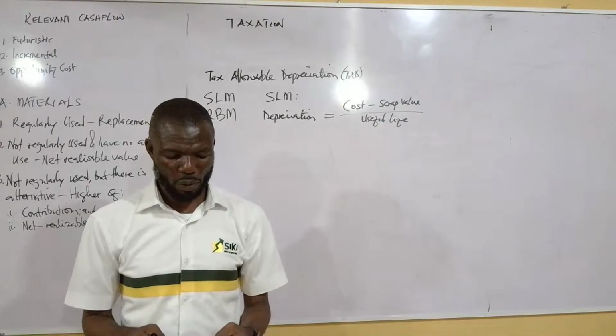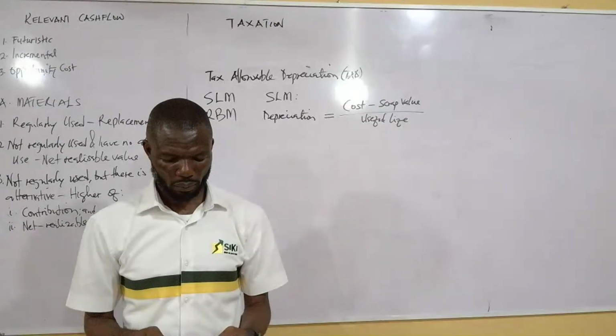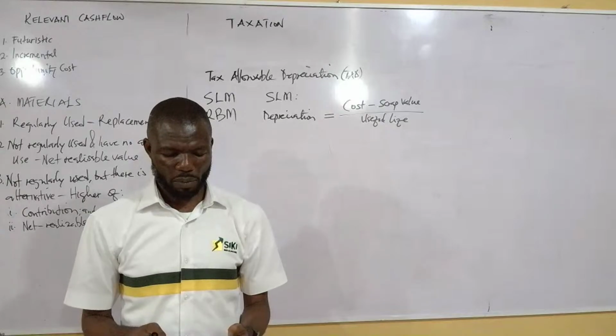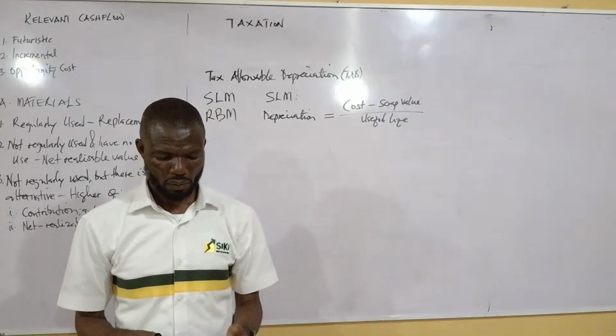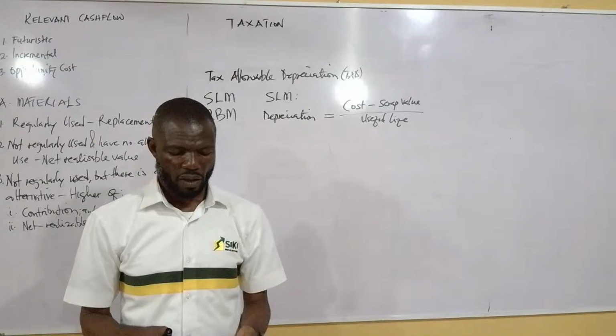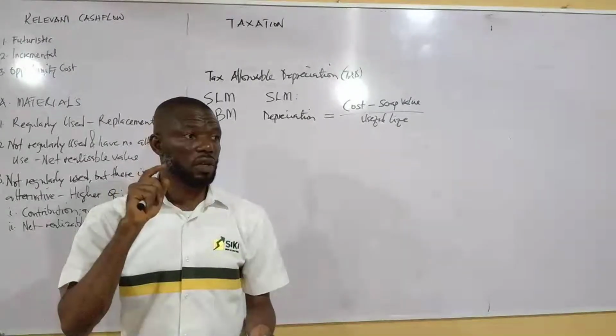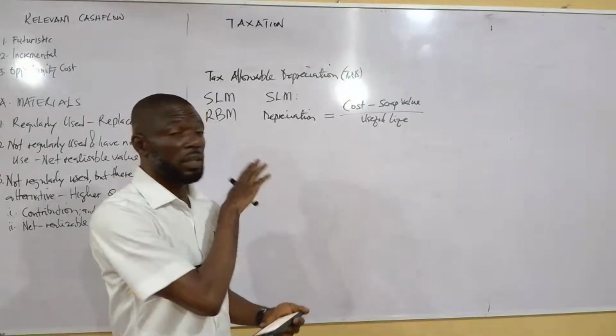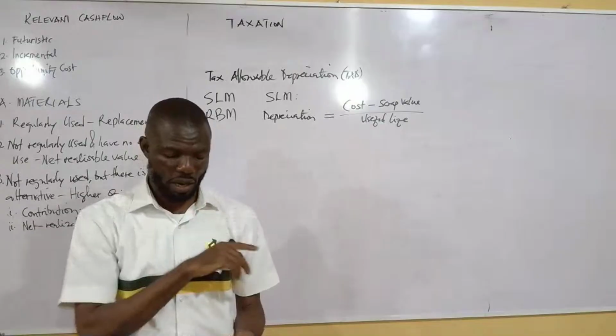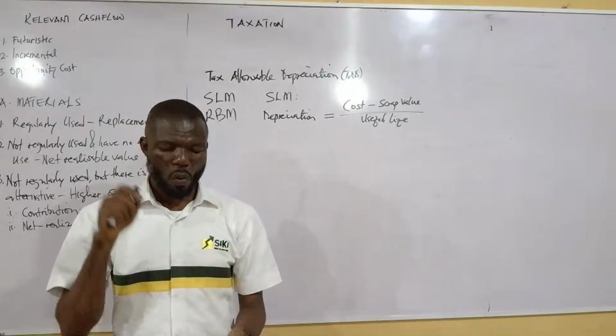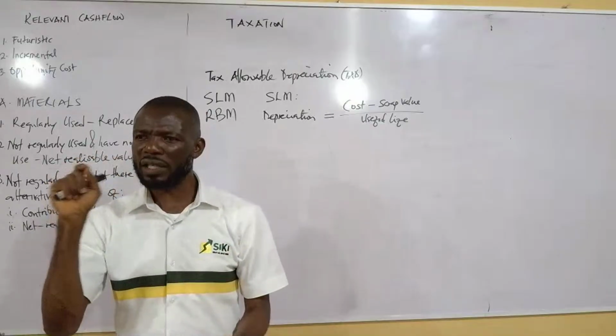Now, for tax allowable depreciation under the straight line method, where there is balancing adjustment, take note.